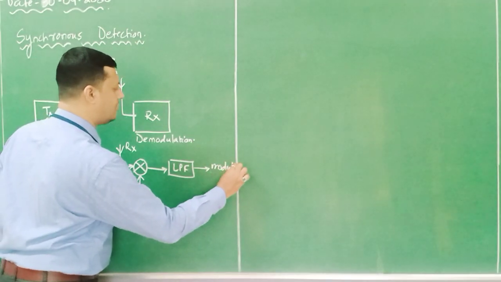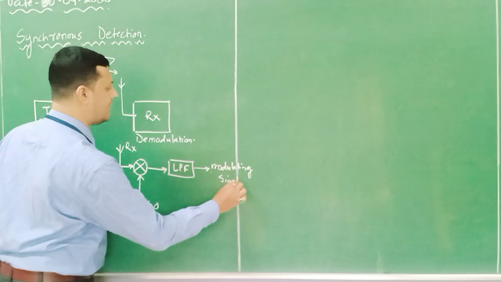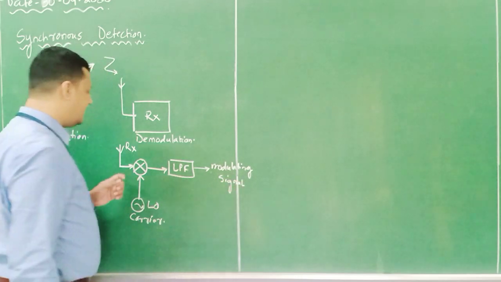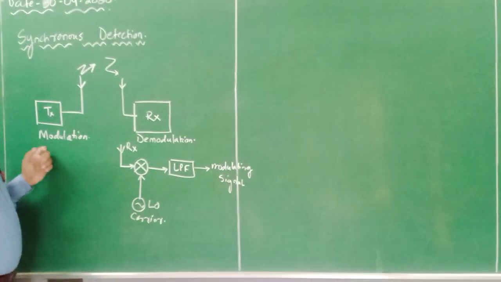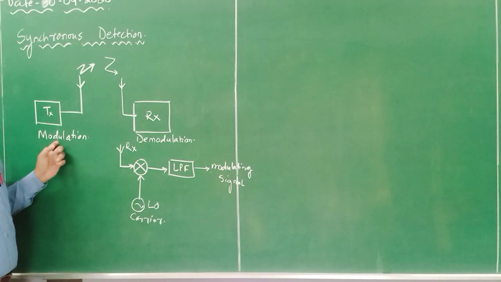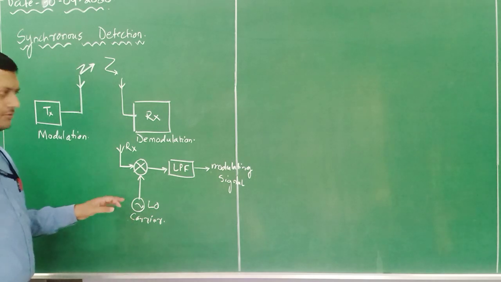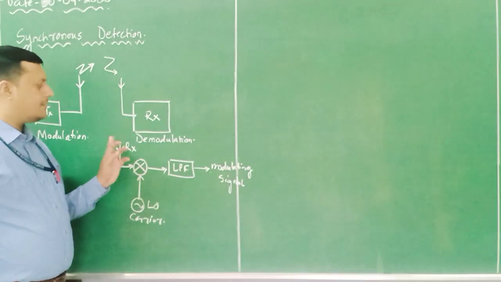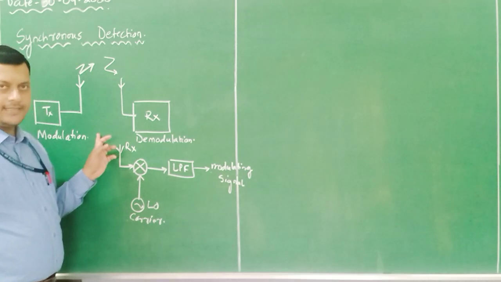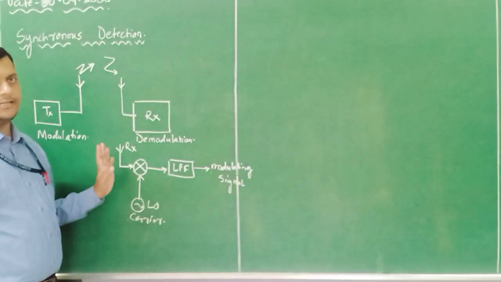So this is the small block diagram that we discussed in the previous class: in modulation we are using a carrier frequency. If the same carrier is used to demodulate the received AM modulated signal, then it is called synchronous or coherent detection.